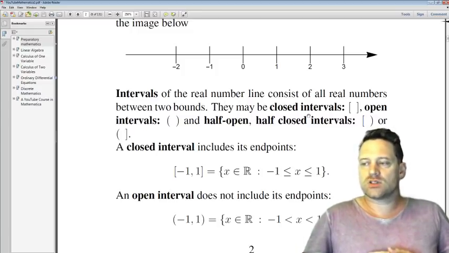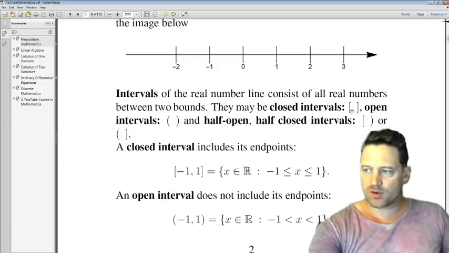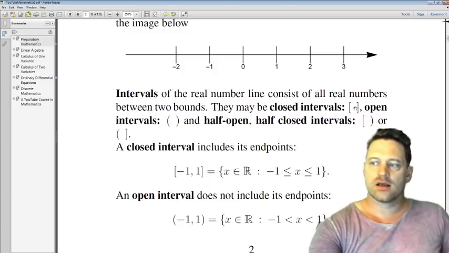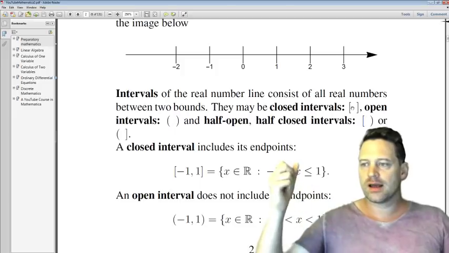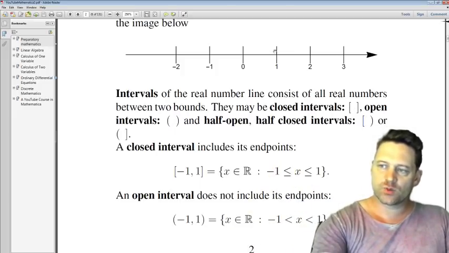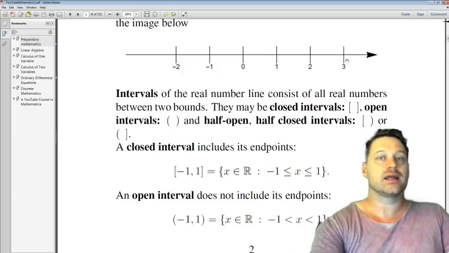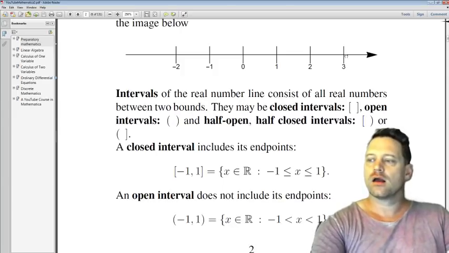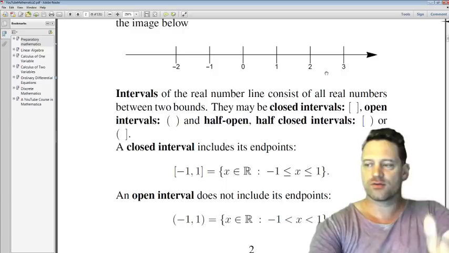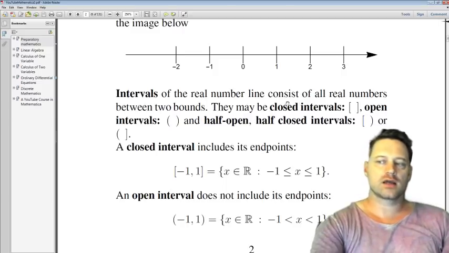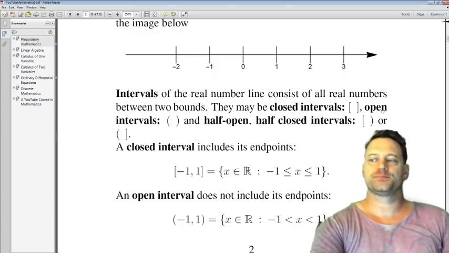Okay, now the closed brackets, for example, square brackets, this means to include the endpoints, right? For example, the set of all real numbers between 1 and 3 inclusive, you would write square bracket 1, 3 square bracket, okay, and we'd call that closed.